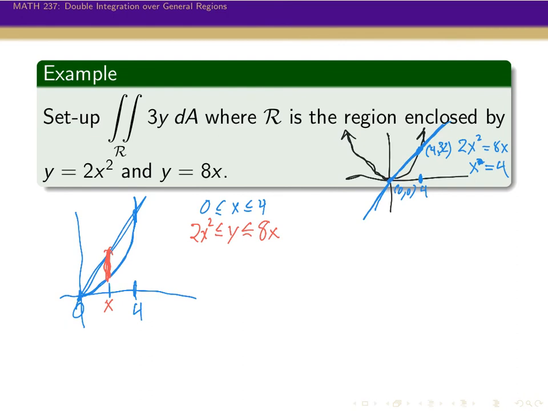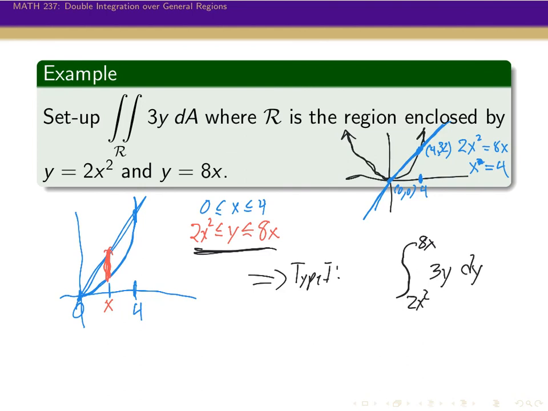Okay. So how do we draw this as a type 1 region? For the type 1 region, we're integrating in terms of y first. And so y would be going from 2x squared to 8x of our function 3y.